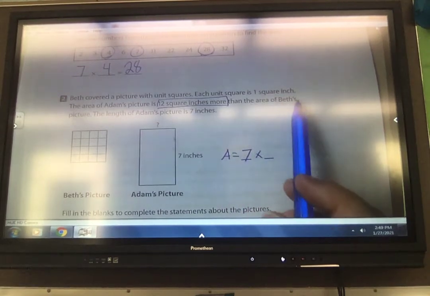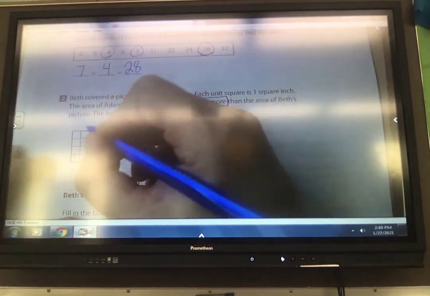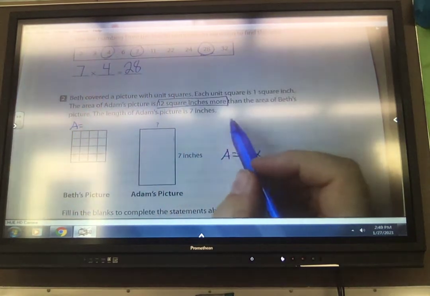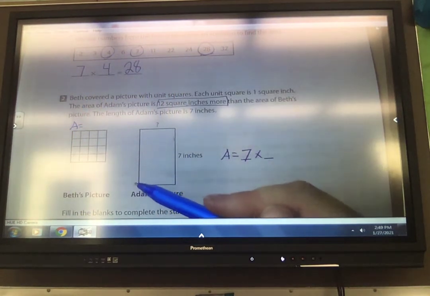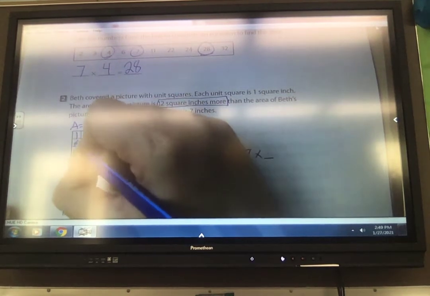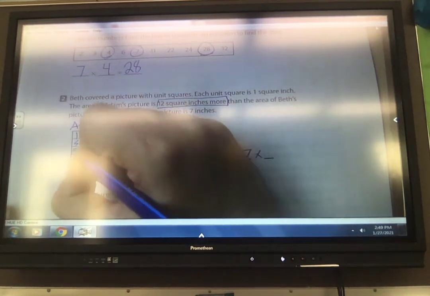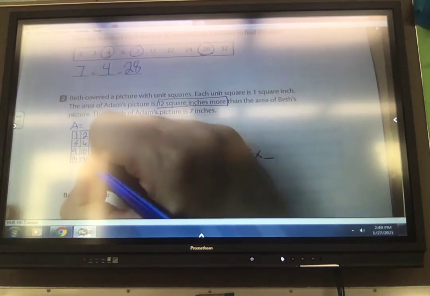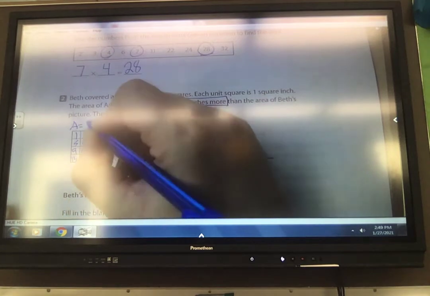Then the area of Beth. So I need to figure out Beth. Here's Beth. I've got to figure out her area. Since Beth has squares, I can just count them. 1, 2, 3, 4, 5, 6, 7, 8, 9, 10, 11, 12, 13, 14, 15, 16.